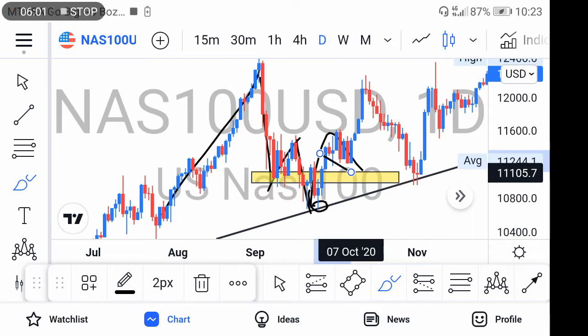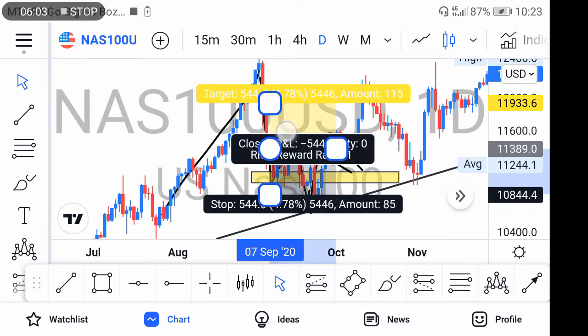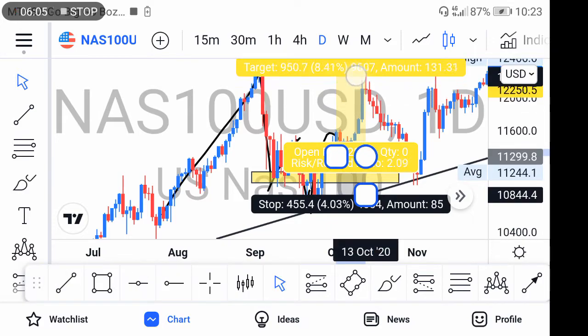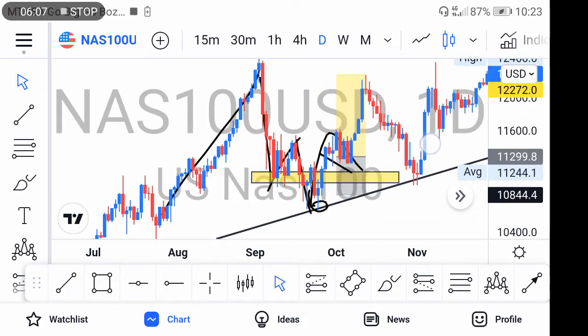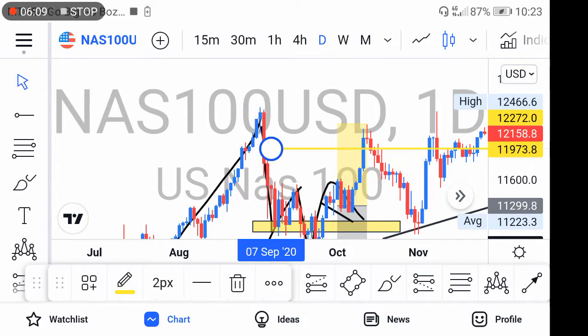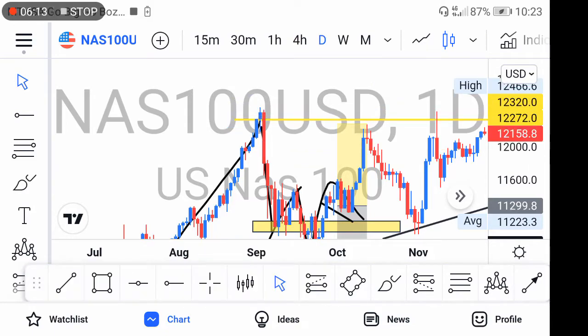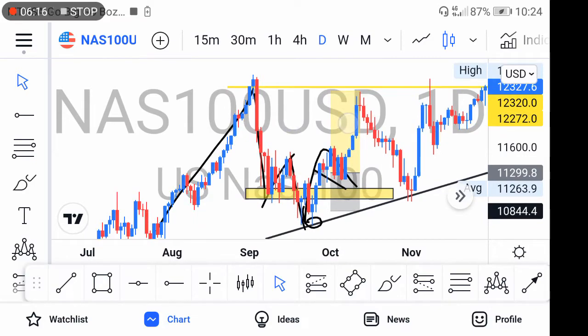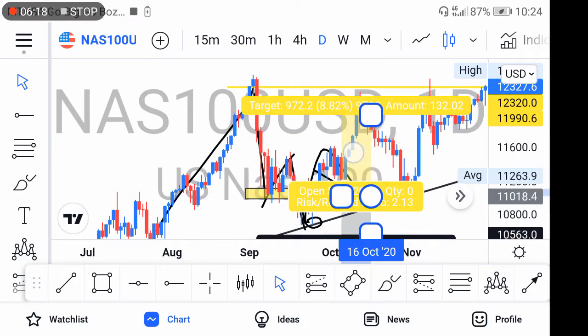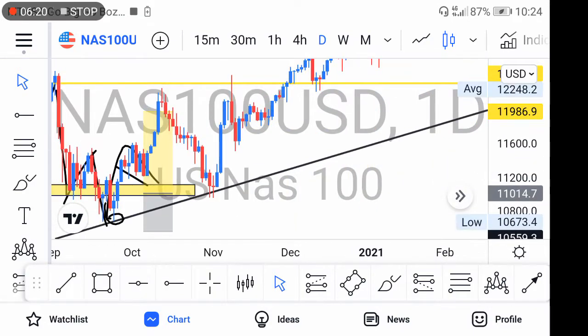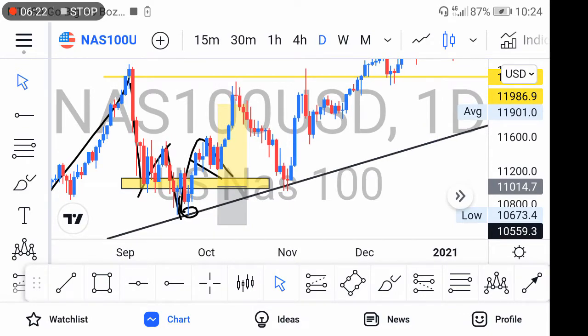Once it touches our zone, we enter from here and we target the beginning of our bearish market. So we enter and we target the beginning of our bearish market.